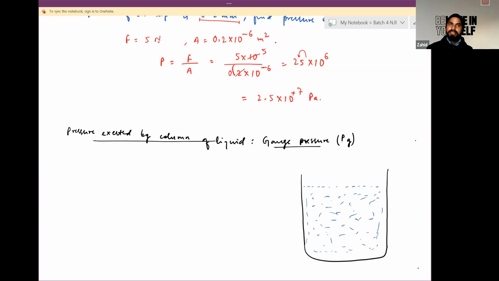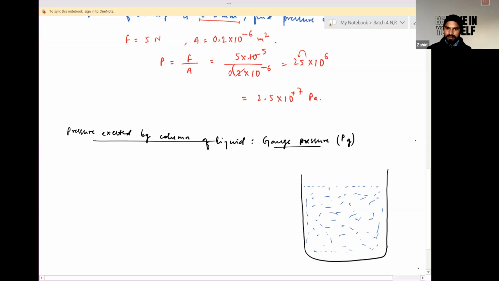So to calculate pressure at any depth h, let a segment like this be cut out, having height of column h and area of cross section of base A. Density of liquid is rho.